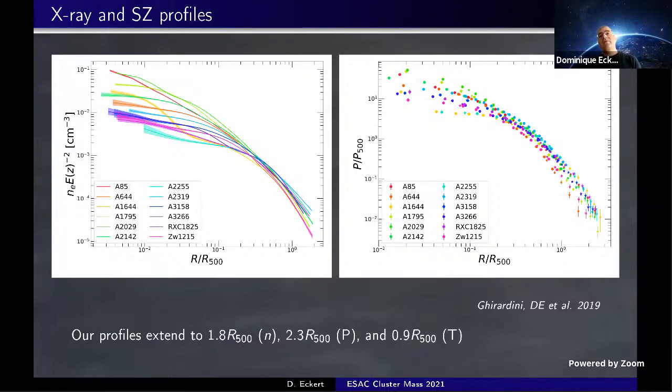And you can see that we are spanning a very wide range in radius, over 2 orders of magnitude, meaning that when we reconstruct the mass profile from these profiles, we can really look at the shape of these systems over a wide range.